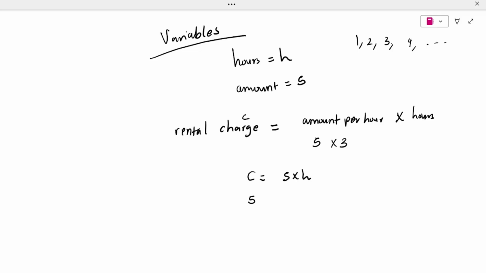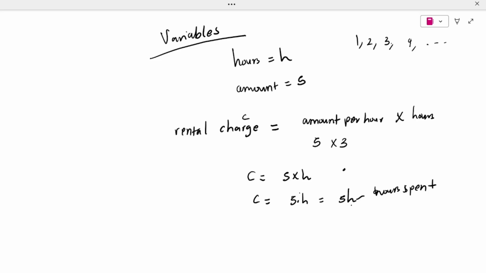We can put it in dot notation, as you may have learned in primary or secondary school. So C, which is the rental charge, will be 5 dot H, which can be written 5H. H is gonna be the hours spent to read this book.